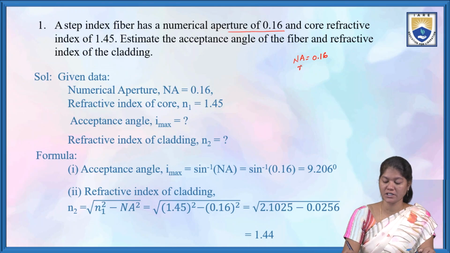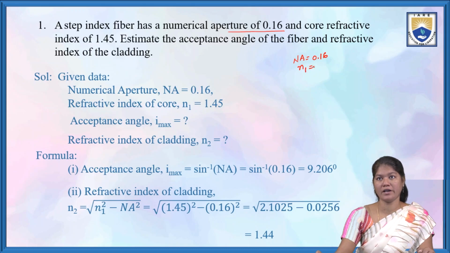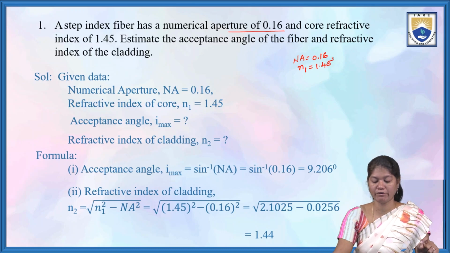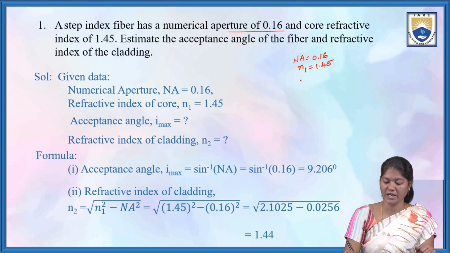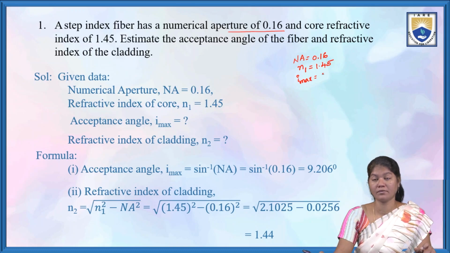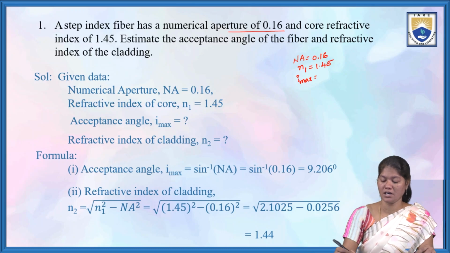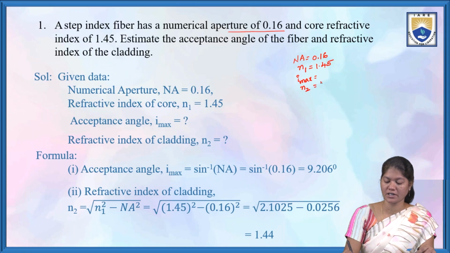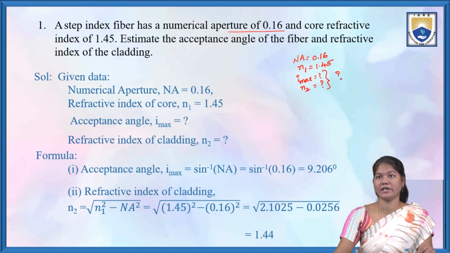Core refractive index is usually N1, so N1 is equal to 1.45. But what do we have to find? We have to find the acceptance angle i maximum and then the refractive index of cladding. So both we have to calculate.